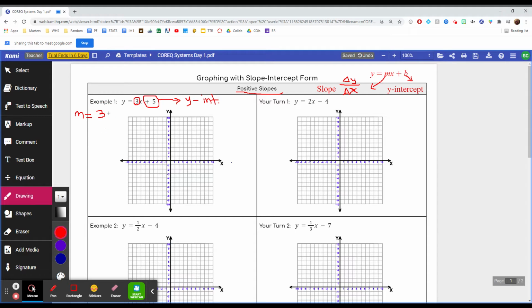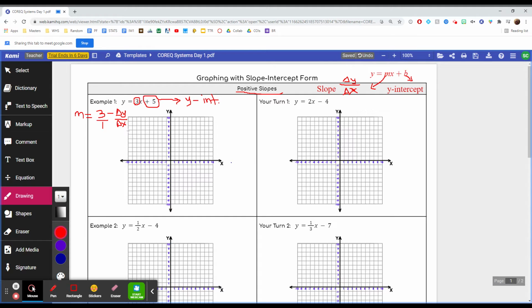So the slope is the 3, which means that this is my change in y, and for the change in x, we have to think about it. What number divides by 3 and gives me 3? 3 divided by 1 gives me 3, so it's a 1. And that's always the case.